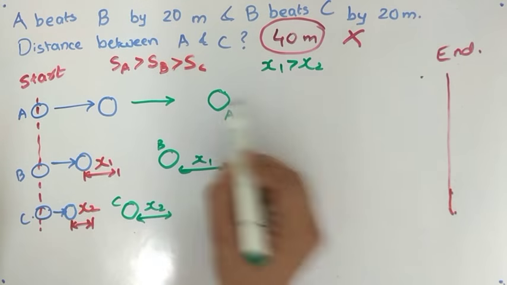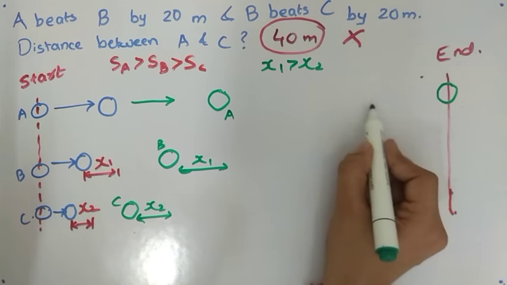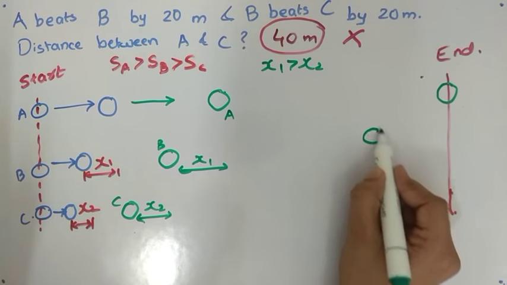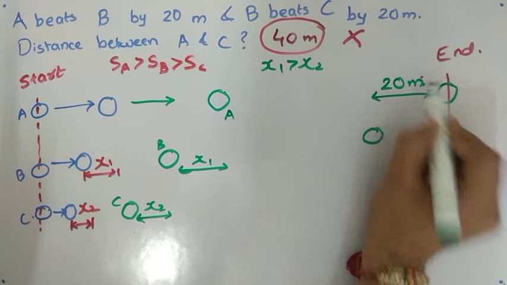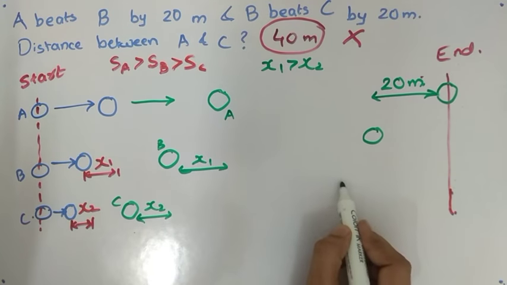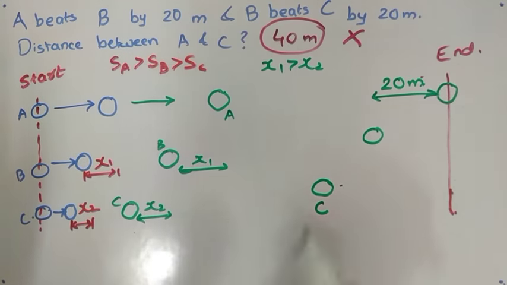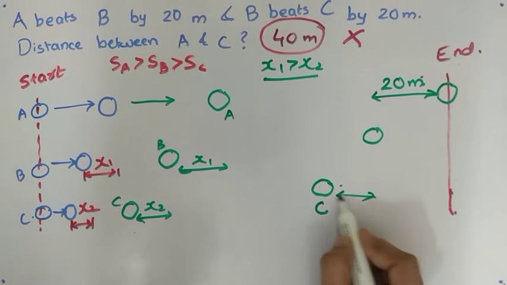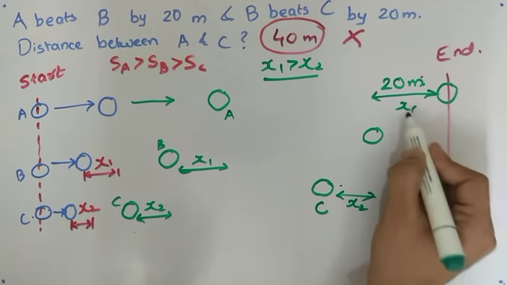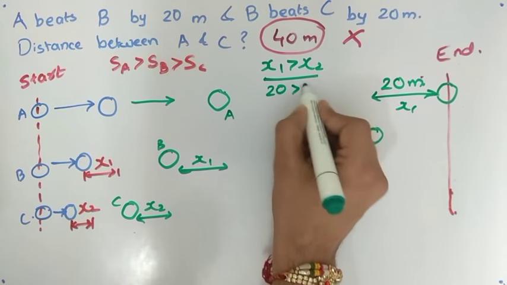Now let us imagine when A finishes the race. A is at this position and B is 20 meter behind. They have told us this distance is 20 meter, and at that position let us say C has reached here. From this we have already concluded that x1 is greater than x2, therefore 20 is greater than x2.